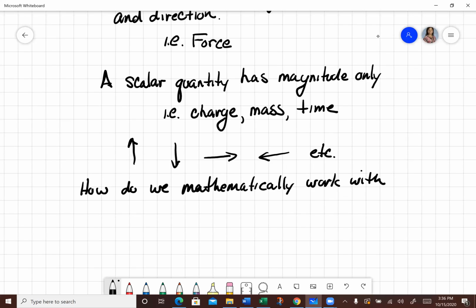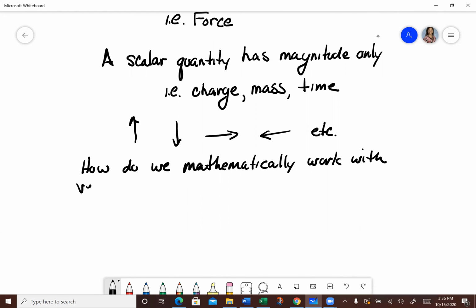So the question is, how do we work with vector quantities? How do we work with quantities that have both magnitude and direction?